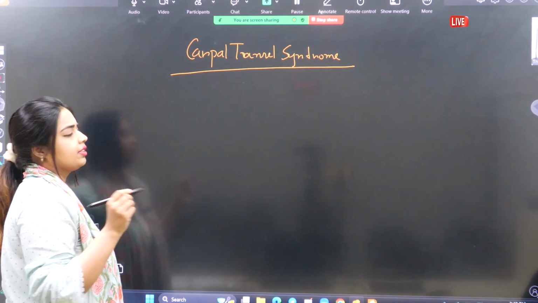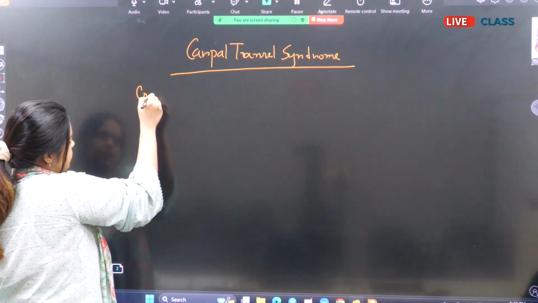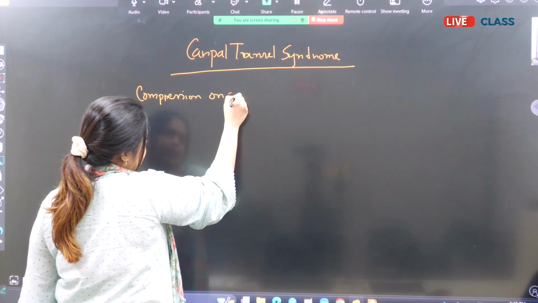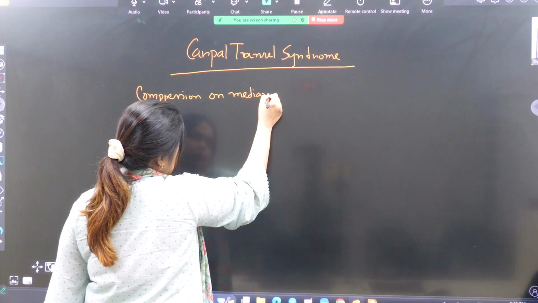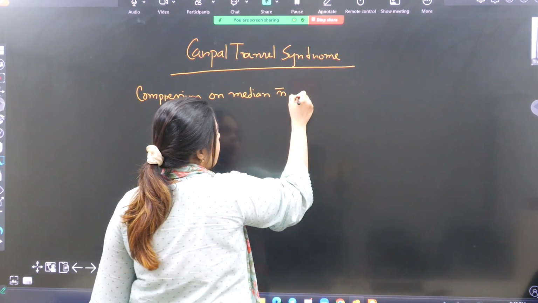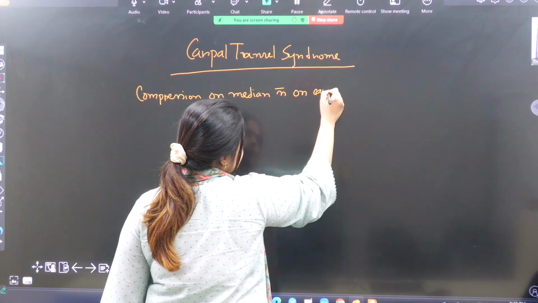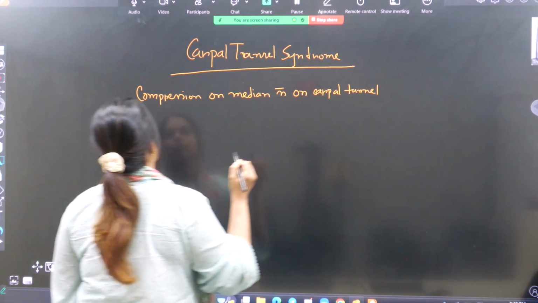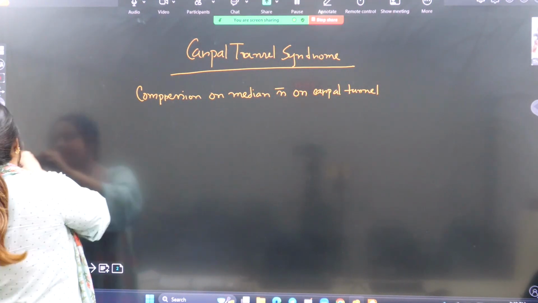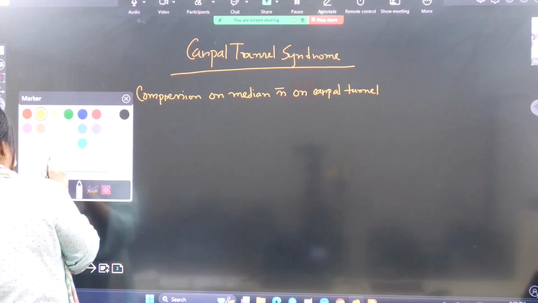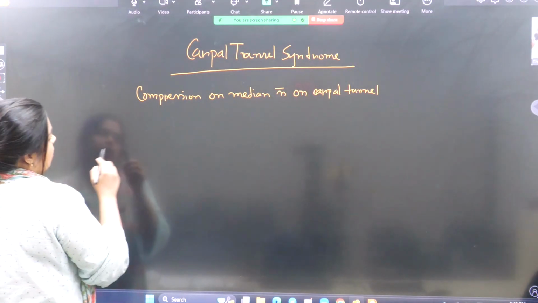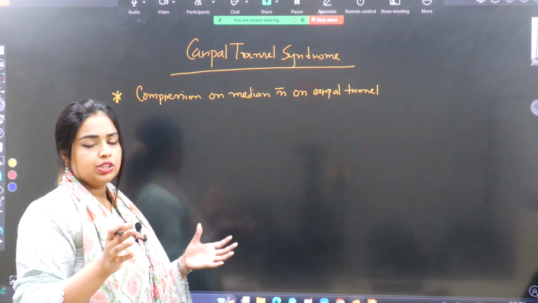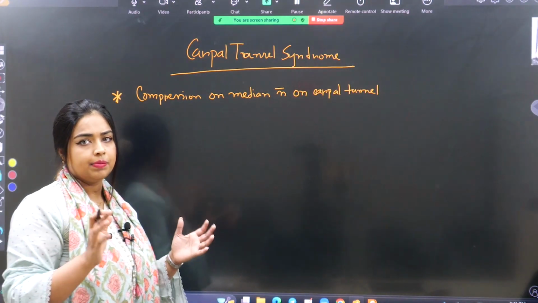So carpal tunnel syndrome mainly if the compression on median nerve on carpal tunnel. So mainly the median nerve, if any compression occurs on the median nerve, it is called the carpal tunnel syndrome.